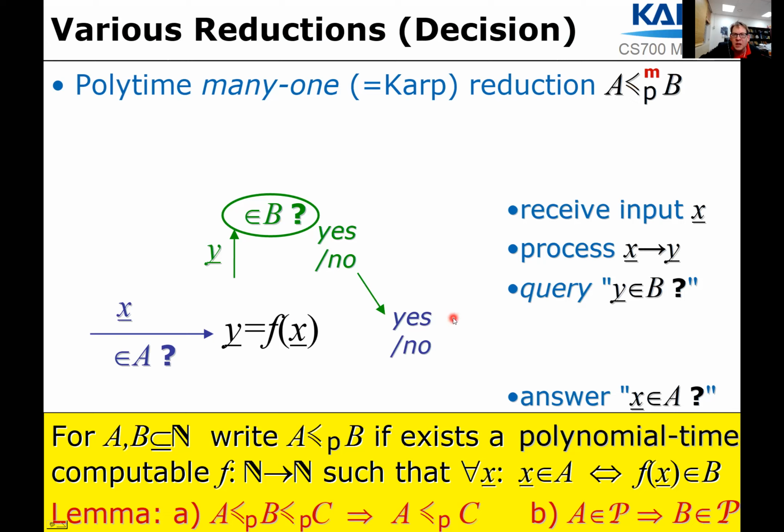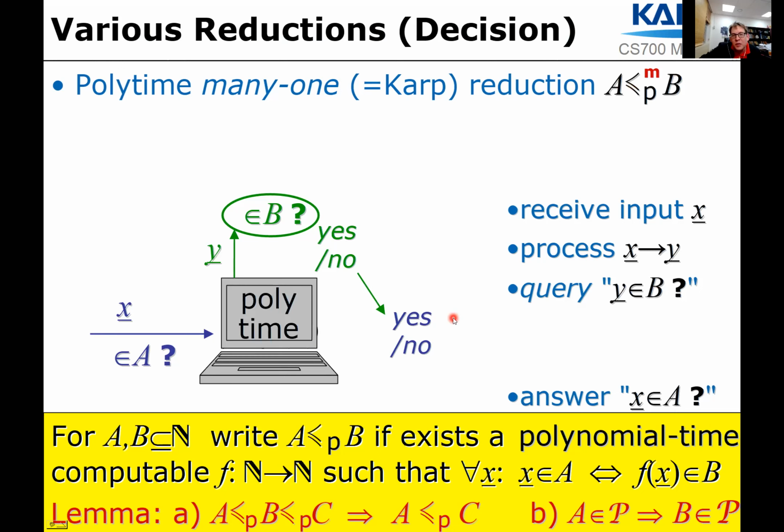That's the standard many-one Karp reduction. And the reduction function must be computable in polynomial time. If we consider log space reduction, then the reduction function must be log space computable.